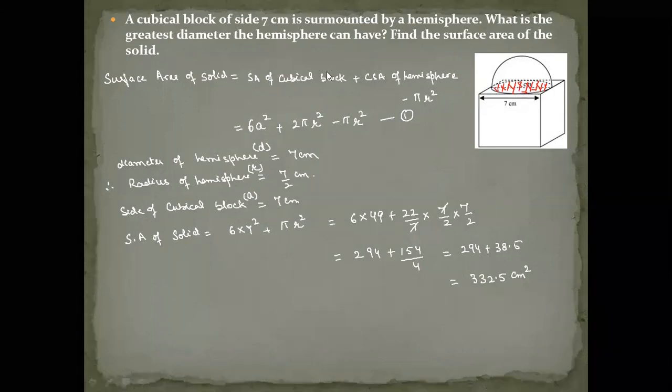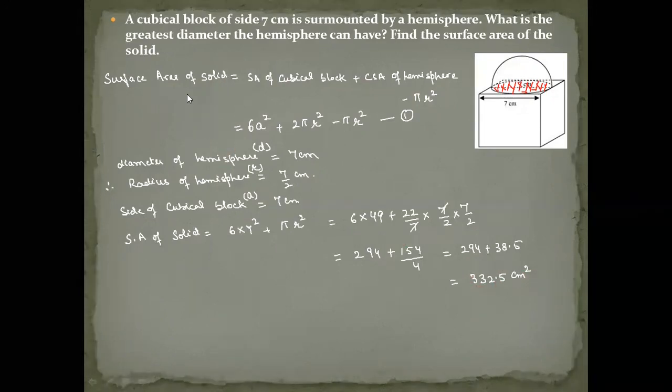So here we have to find the greatest diameter, as it is occupied by this surface already. So we have to subtract this one. So our surface area of this solid becomes surface area of cubical block plus curved surface area of hemisphere minus pi r square. So we have 332.5 centimeter square.